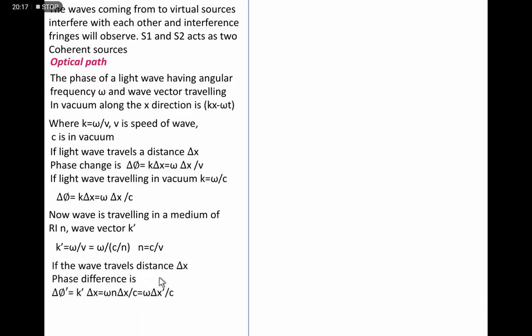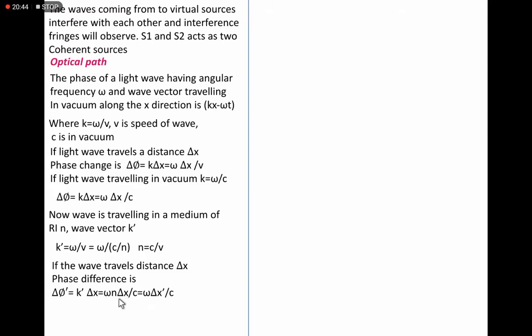If the wave travels the distance delta x in this medium, then the phase difference delta phi dash is equal to k dash delta x. So we'll write omega n in the numerator, and the value of k dash is omega n by c, into delta x.